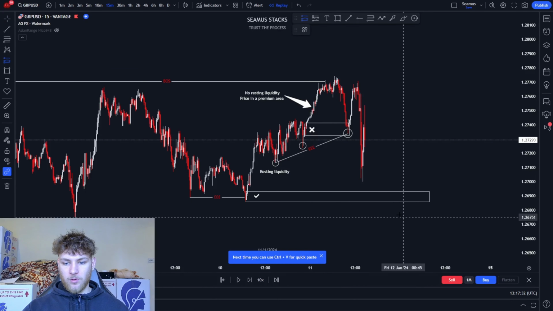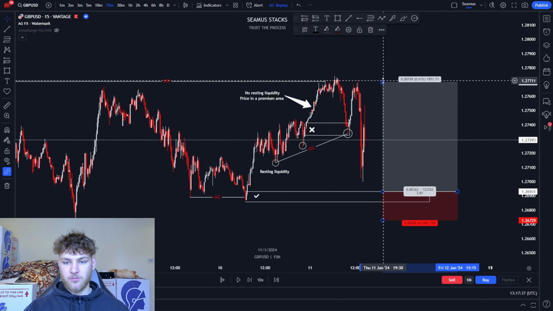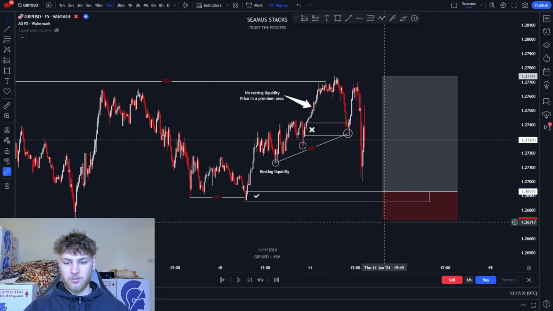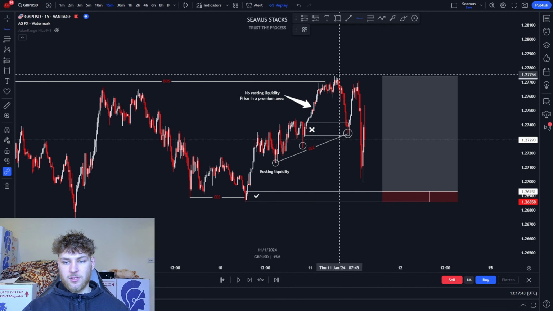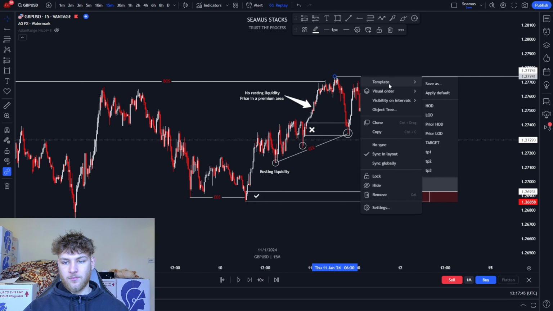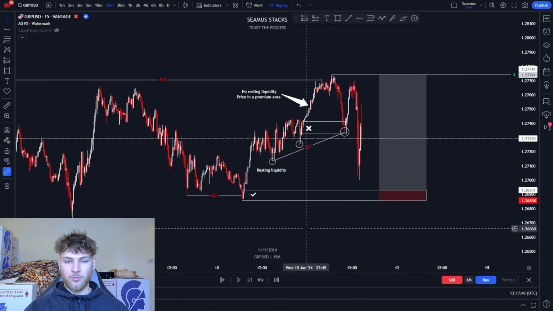So now, when we look to go long here, and again we want to be targeting the breaker structure, stop us underneath the candle. Let's just set this as our target. Okay, now let's see how price plays out.